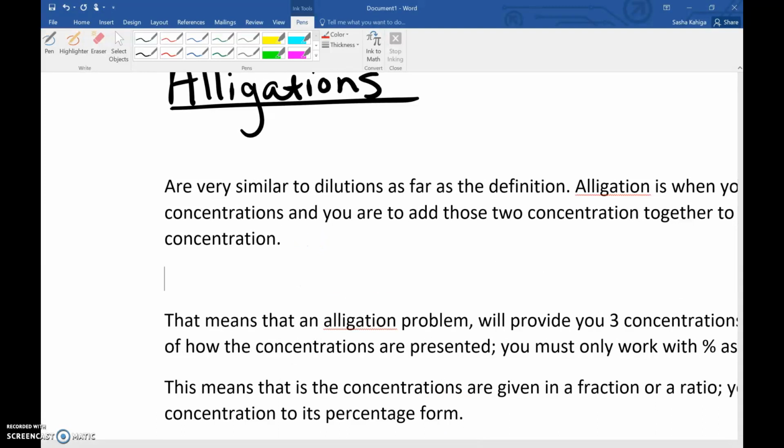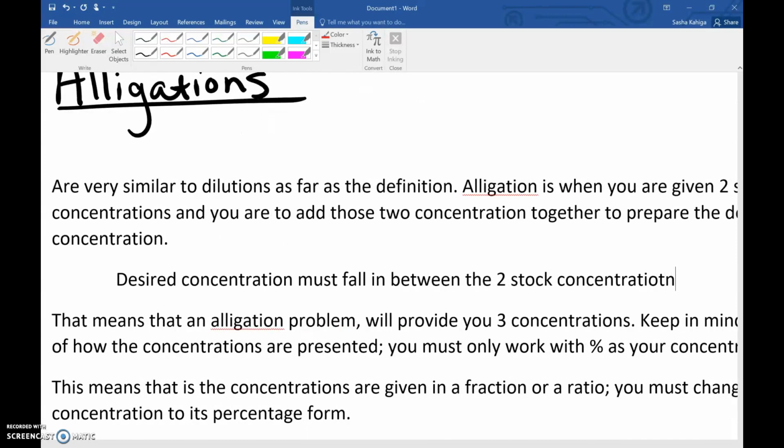So another thing I want you to keep in mind is that the desired concentration must fall in between the two stock concentrations, the two given stock concentrations. So what am I saying?